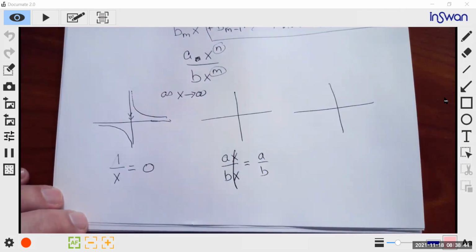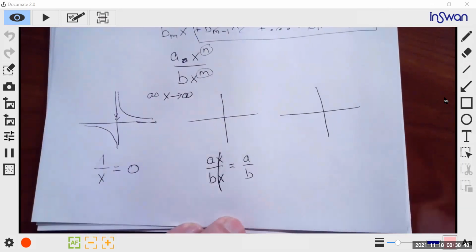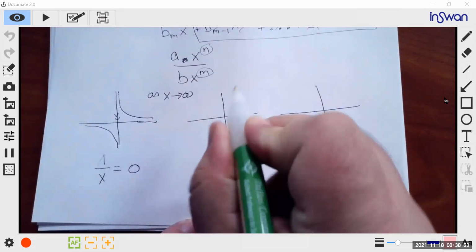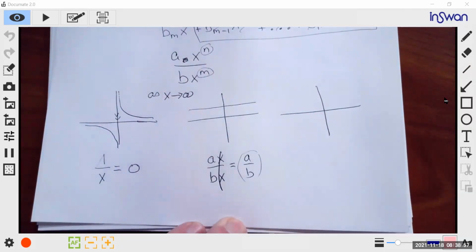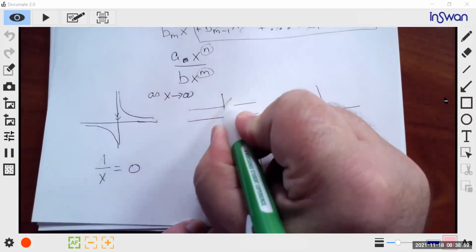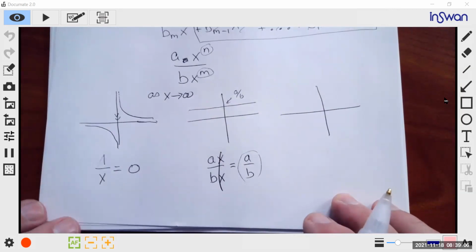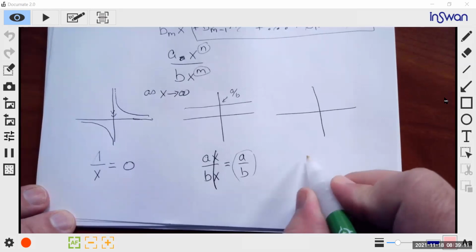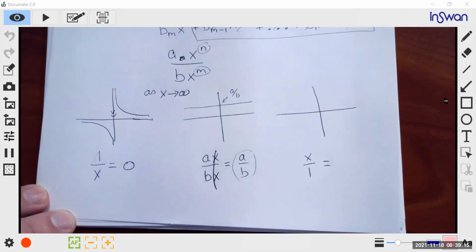You're just left with the coefficients, a number. What that means, since this is a number, it's a line that goes through there at A over B. How about this one?